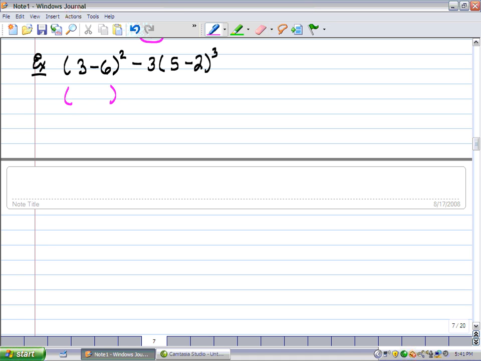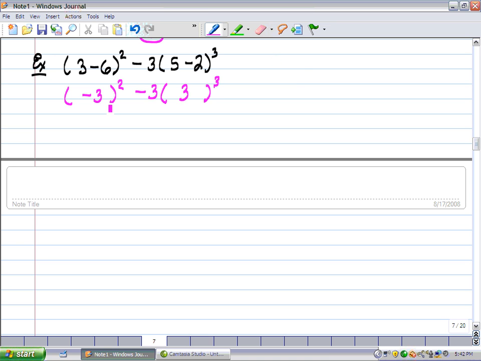So 3 minus 6 is negative 3. Again, you could do this in two separate steps, or I can do both of these together because they're not interfering with each other. 5 minus 2 is 3.